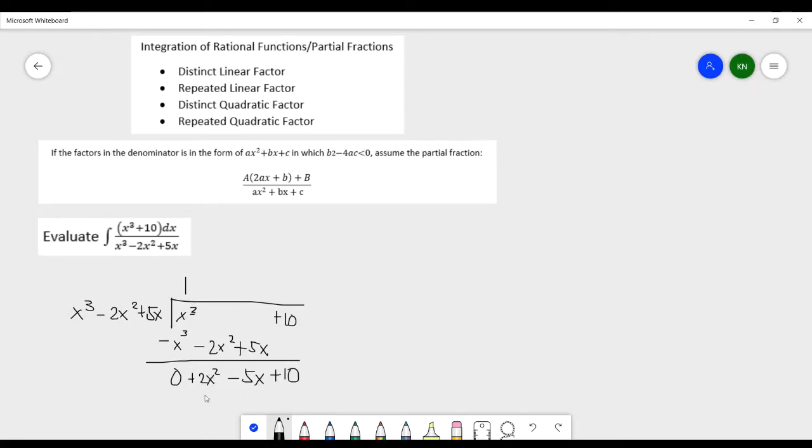To write our remainder, we just have to add it to our quotient.